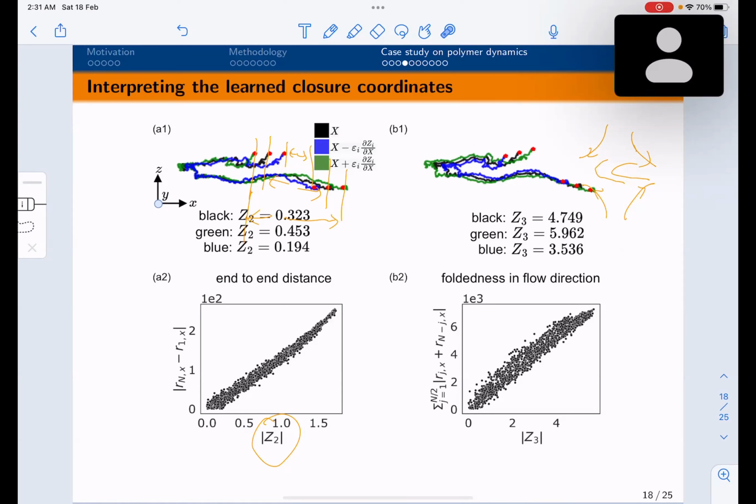And for this one, it is unfolding very fast. So we use this one to describe the foldedness.